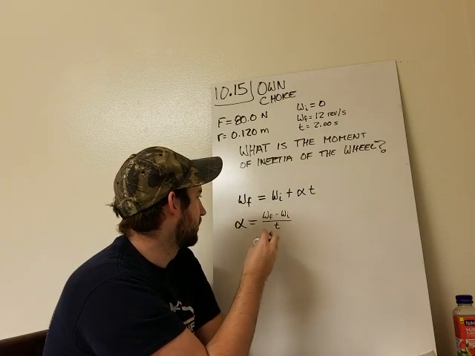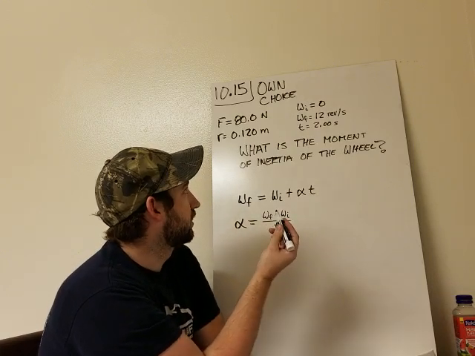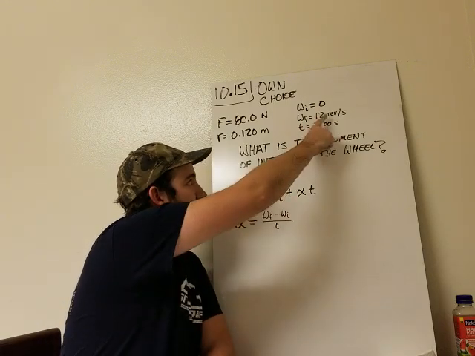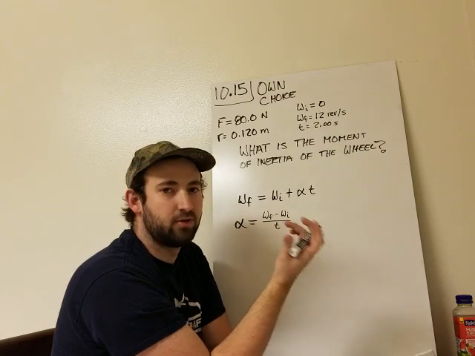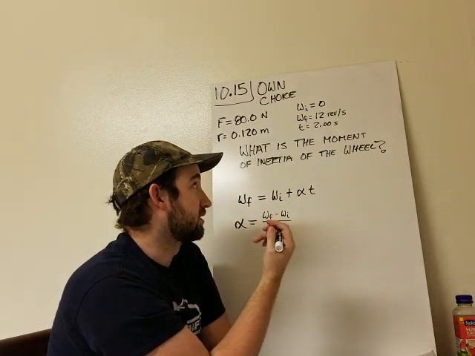So first of all, we're going to need to convert our final angular velocity, because it's in revolutions per second, but we need it to be in radians per second.